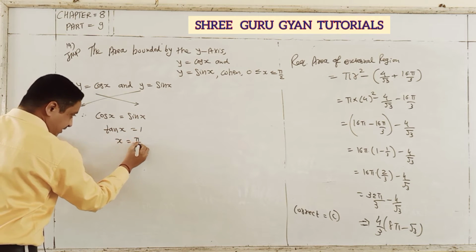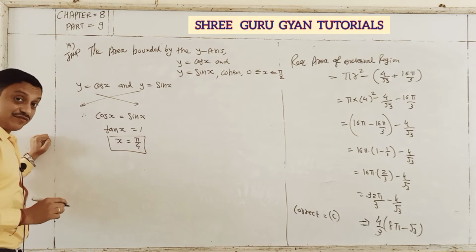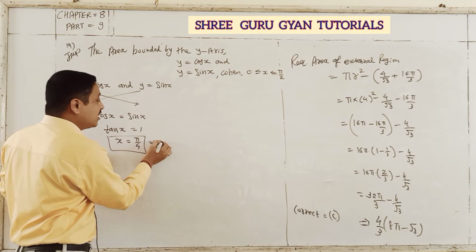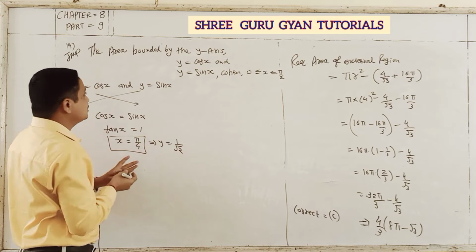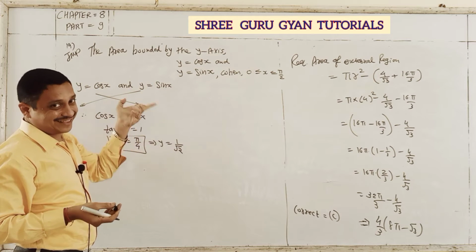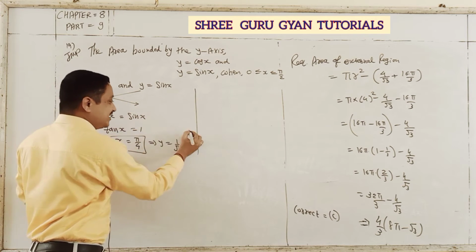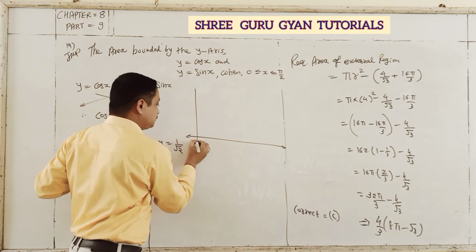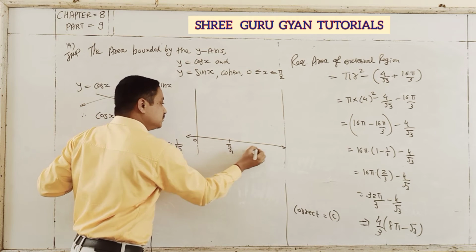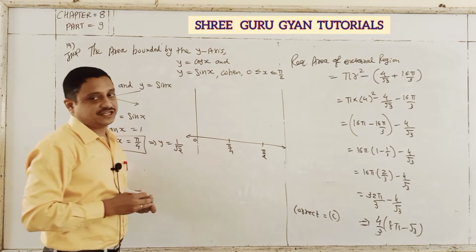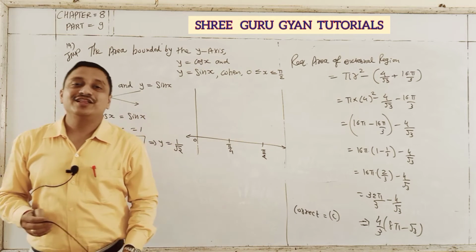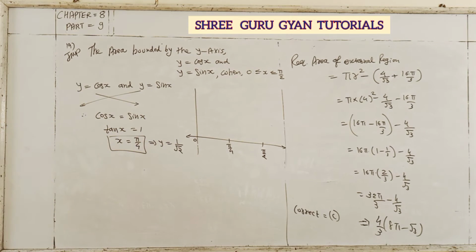That is 45 degrees, and if you put x as 45, surely y becomes 1 by root 2, because sin 45 is 1 by root 2, and so is cos 45. So your drawing is ready: 0, 45, 90, and on the upper side you take the values 0 and 1, and then you can find your answer.